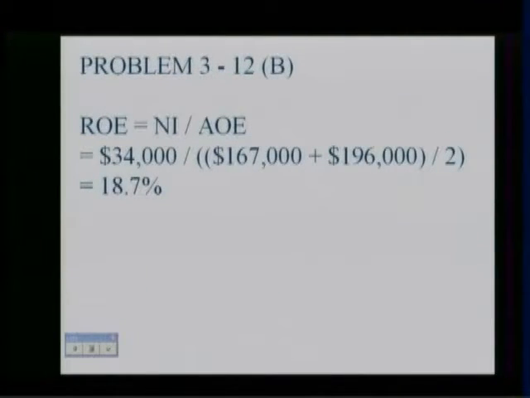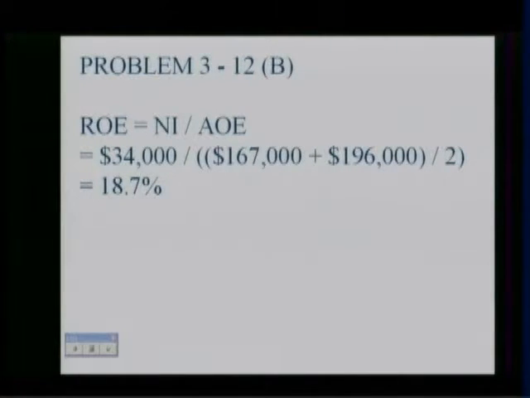In part B, they want you to calculate ROE. Now remember from the previous problem, ROE is calculated as net income over average owner's equity. Net income is given to you in the owner's equity section of the balance sheet as $34,000. Average owner's equity has to be calculated though.